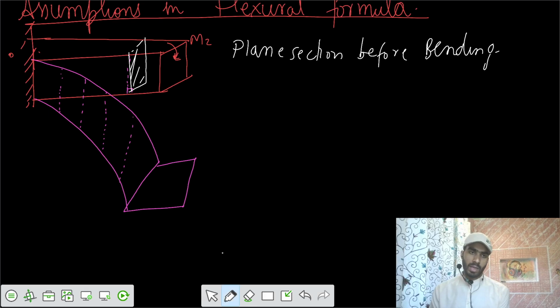If the beam has bent, let's say this is the plane, in this fashion. We can draw straight lines.